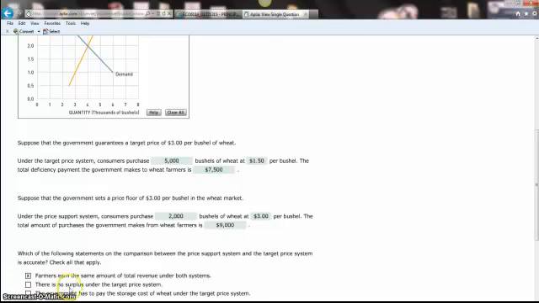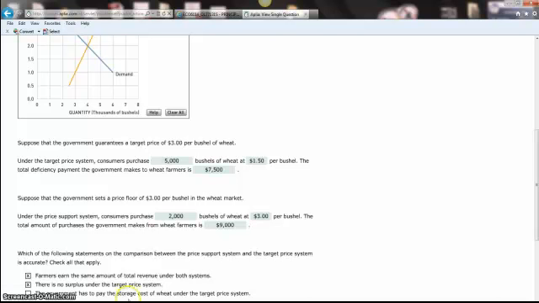Now when you look at the target price system, I never said anything about a surplus that was going to be created in that market, and so therefore there's never any surplus, never any inefficiency in the market, because there was never a law passed stating what that price necessarily had to be in the market.